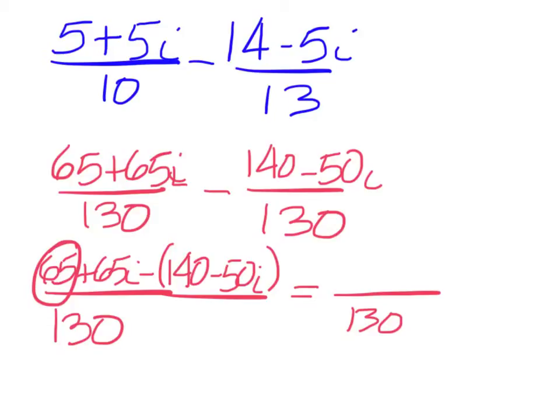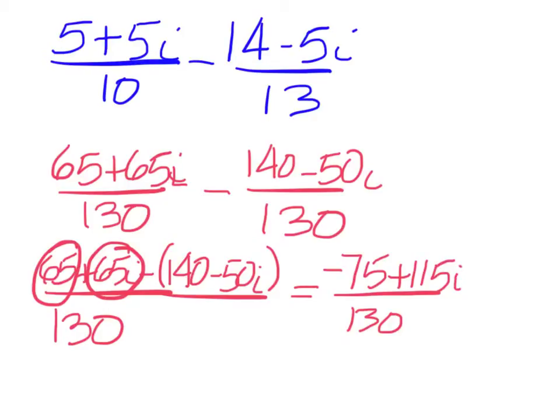Oh, that's not the 50, that's the 140 that I need. 65 minus 140 would give me a negative 75. And then for the i's, I would have 65i minus a negative 50i. That's going to be a plus 115i.